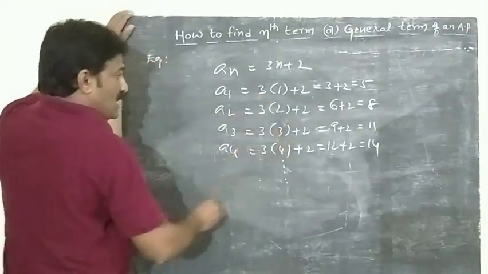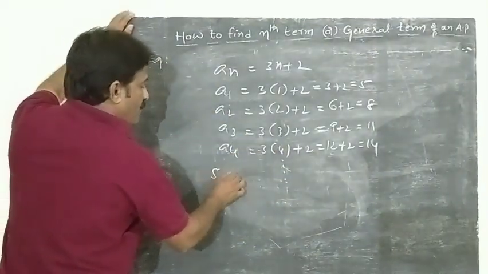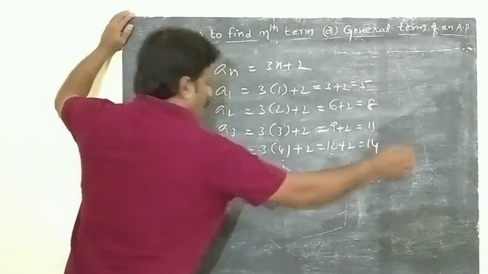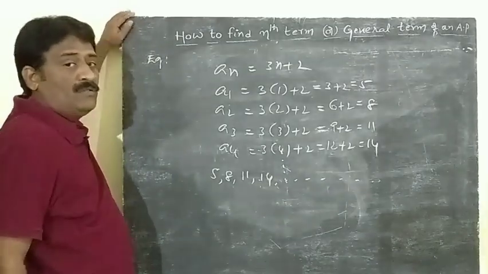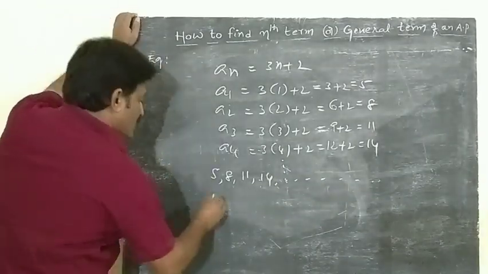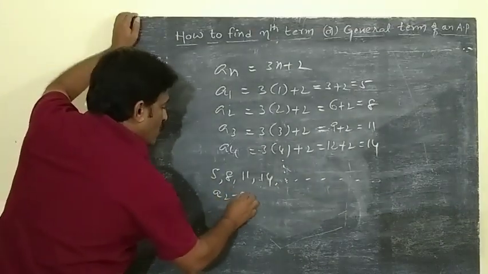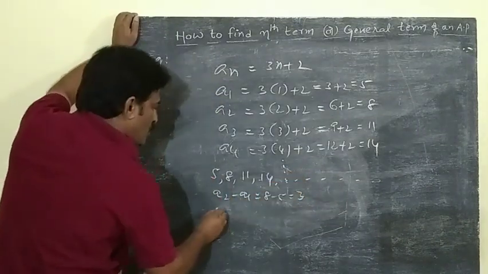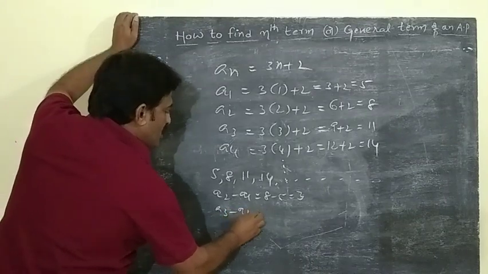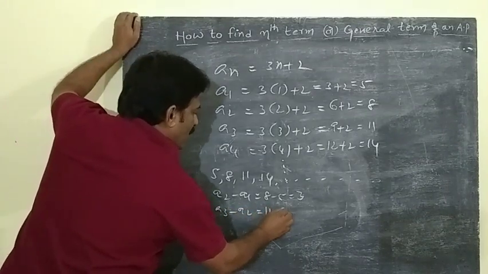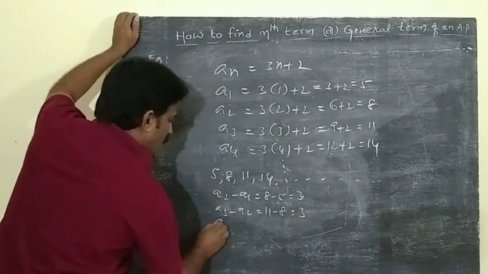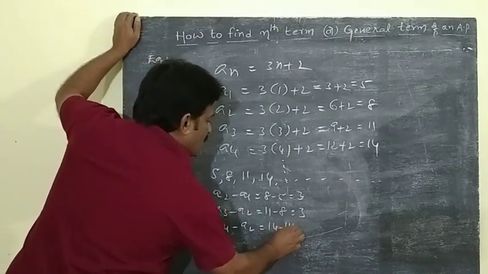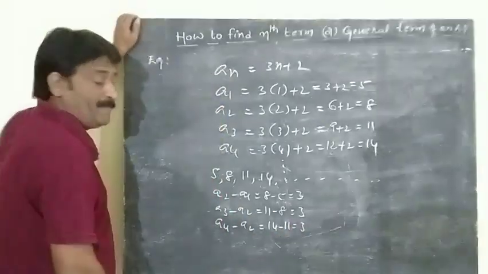Now, list the numbers: 5, 8, 11, 14 and so on. Now, test the common difference. a2 minus a1 is equal to 8 minus 5 is equal to 3. a3 minus a2 is equal to 11 minus 8, 3. a4 minus a3 is equal to 14 minus 11 is equal to 3.